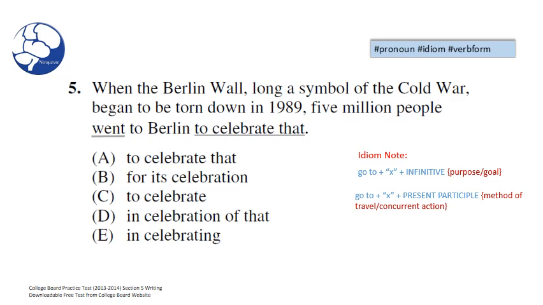Let's look at A. 5 million people went to Berlin to celebrate that. Great. It looks like we meet the requirement for the first of our idiom notes, go to plus X plus infinitive, so we have a purpose or a goal, to celebrate. However, we have an error in A. We have the demonstrative pronoun that.